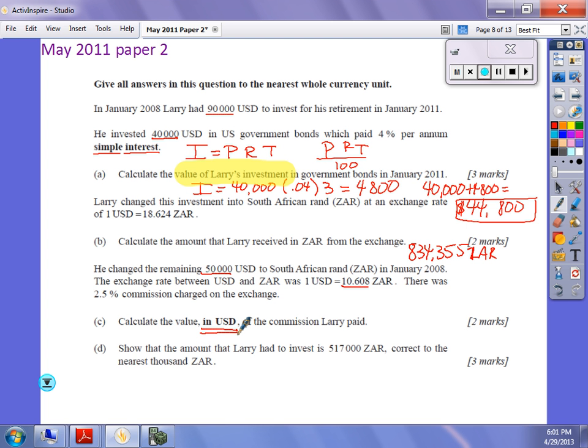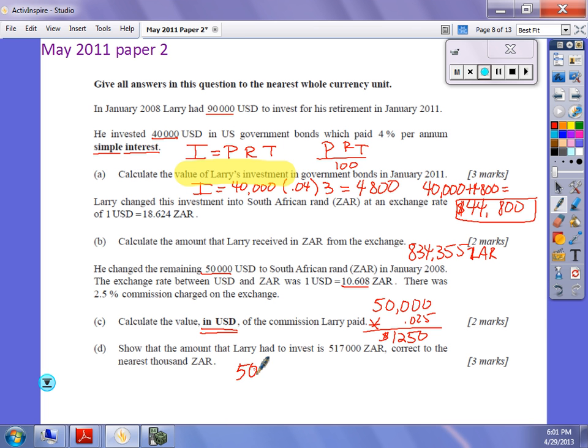So 50,000 times 0.025, that's our 2.5%, and we know that Larry ends up paying $1,250 in commission.